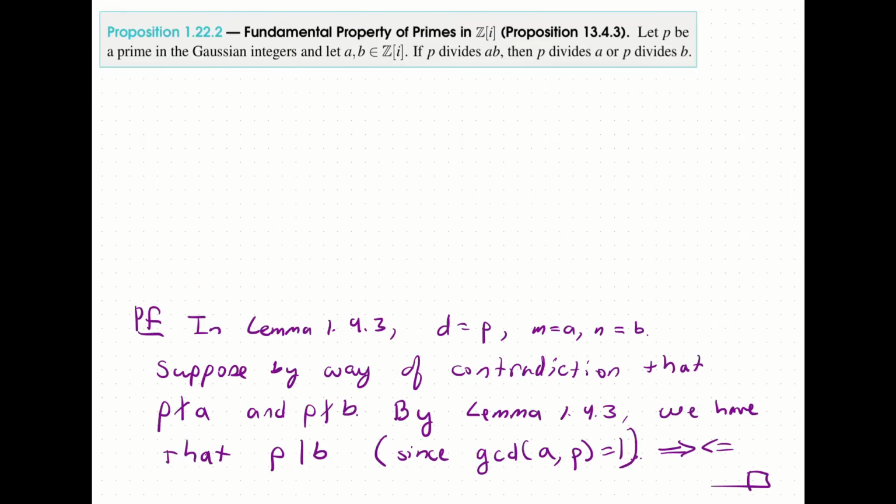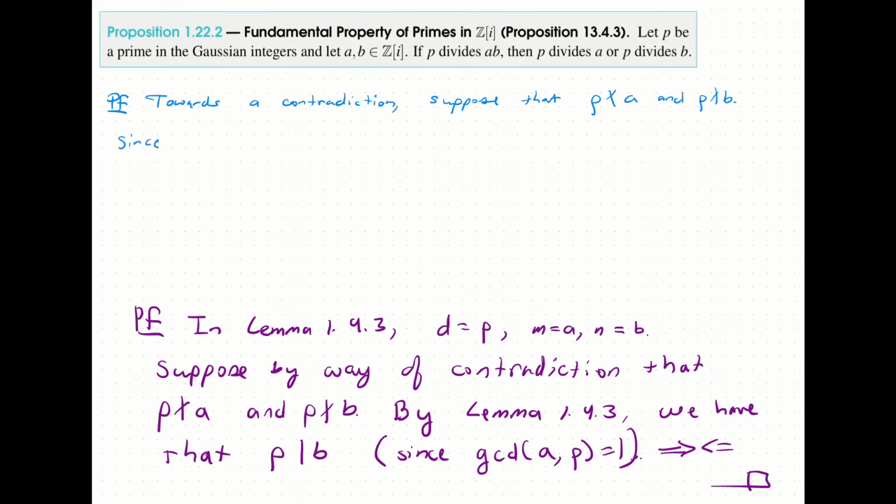So now we're going to see that the proof holds exactly as what we did in the integers. So we're going to go towards a contradiction. Suppose that p does not divide a and p does not divide b.